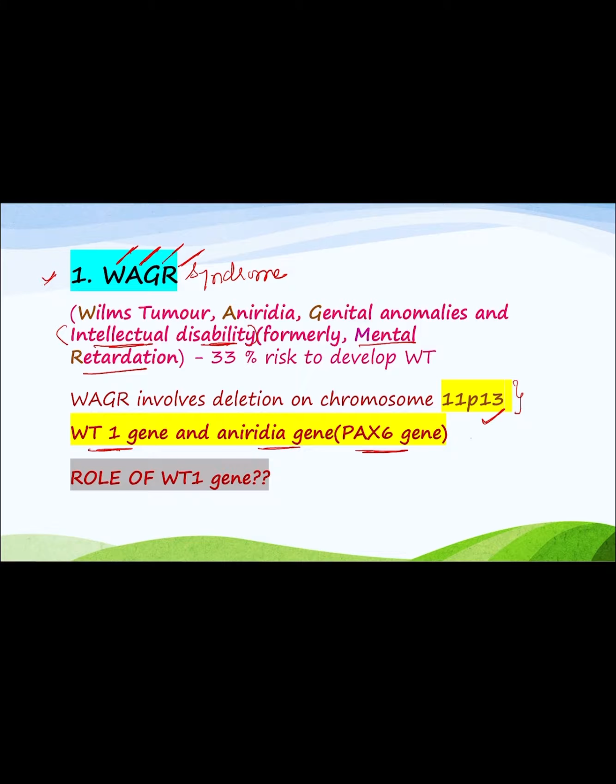Mutations are seen in these genes, and the WT1 gene codes for WT1 protein, which is important in the development of the kidney as well as the gonads. So when there are mutations, it causes this WAGR syndrome. So you should remember this gene locus and this tetrad of symptoms.